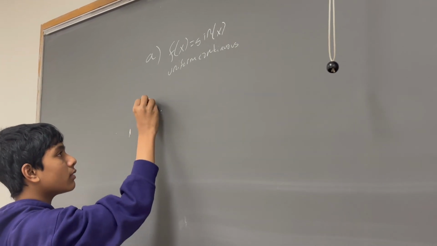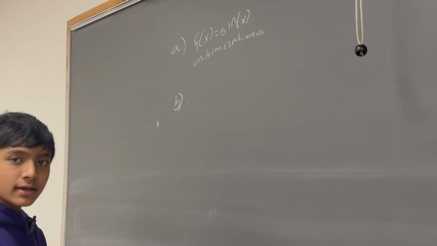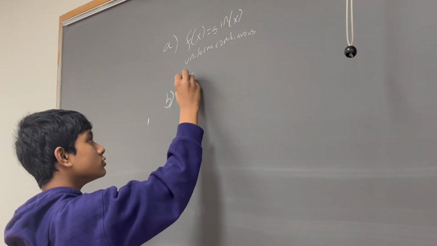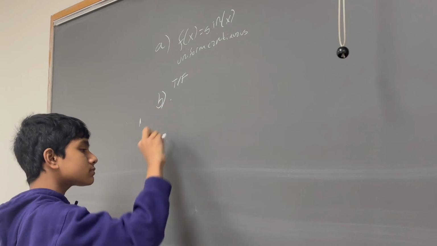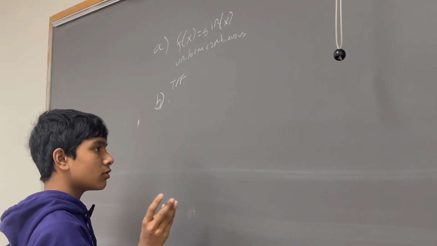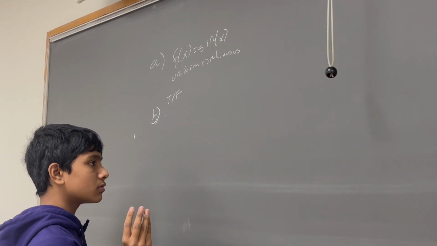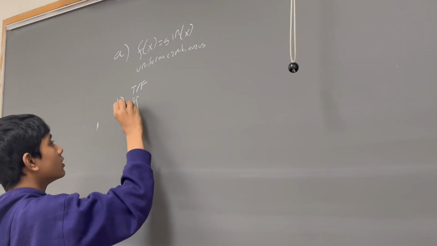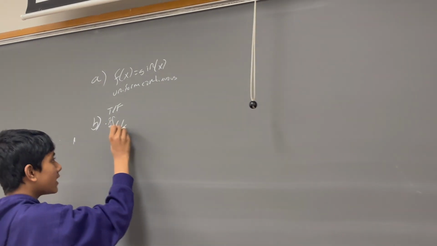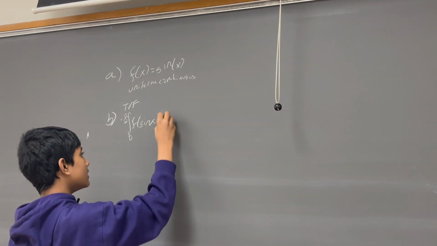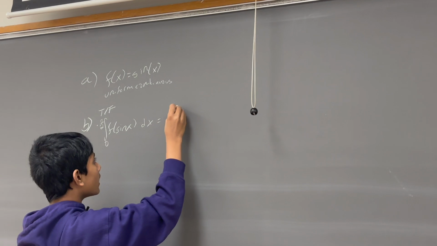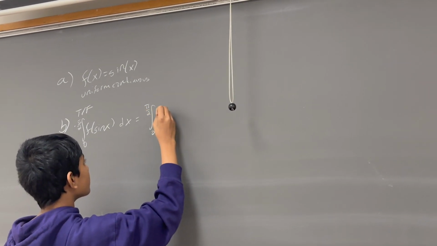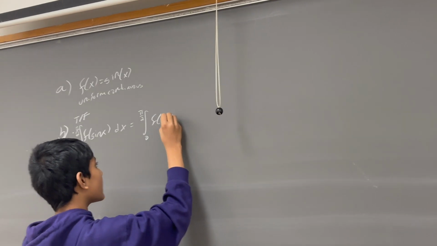And the second problem we'll be solving today is true or false: the integral from 0 to pi over 2 of f of sine of x dx is equal to the integral from 0 to pi over 2 of f of cosine x dx.